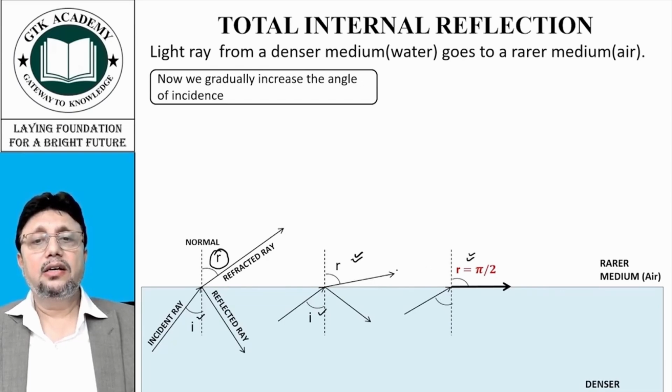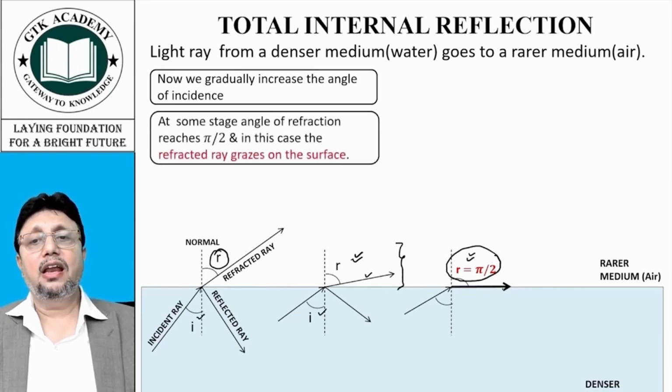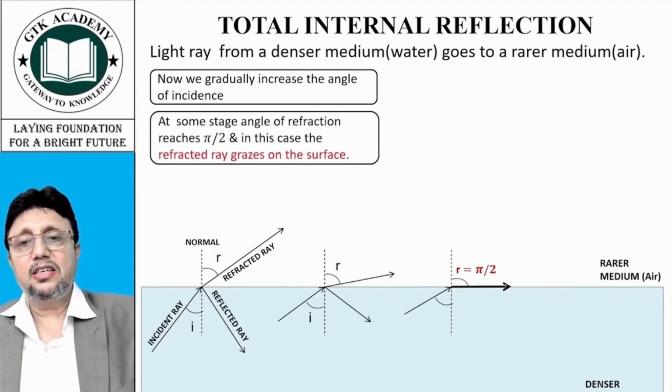You can see that till this, the refracted ray was outside this medium, that is water. But when the angle of refraction becomes pi by 2, that is 90, it is just grazing on the surface, right? The refracted ray grazes on the surface.